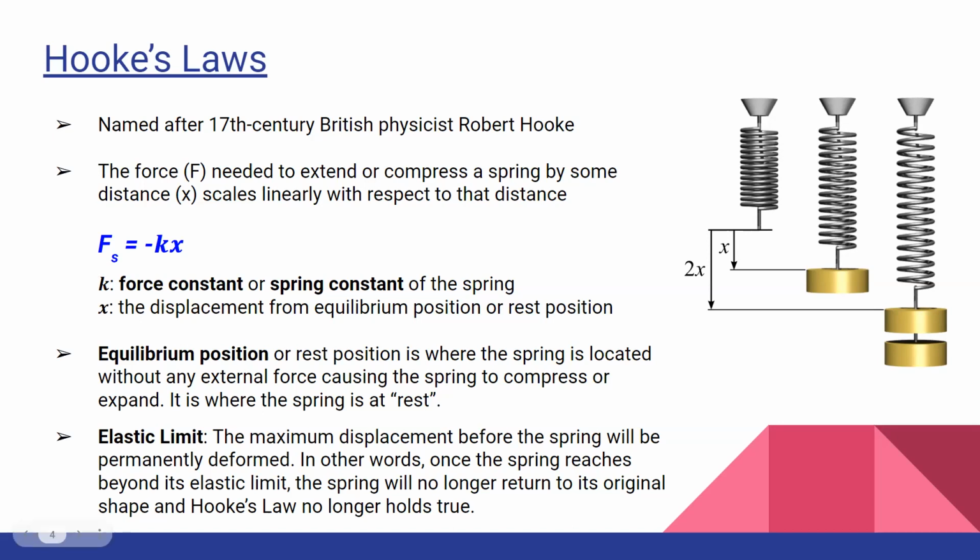So k is known as the force constant or spring constant. It is a constant and is measured in newtons per meter. This varies depending on the type of spring and different characteristics of the spring. x is displacement from the equilibrium position.